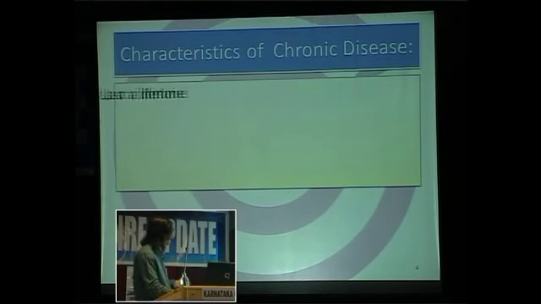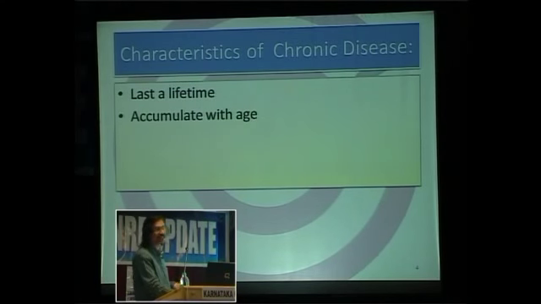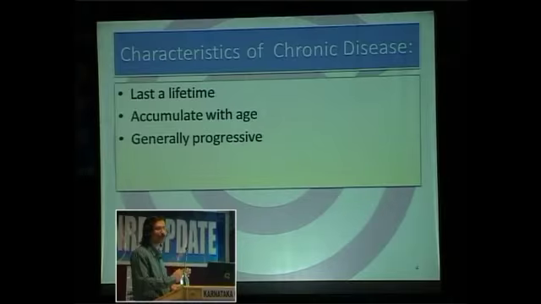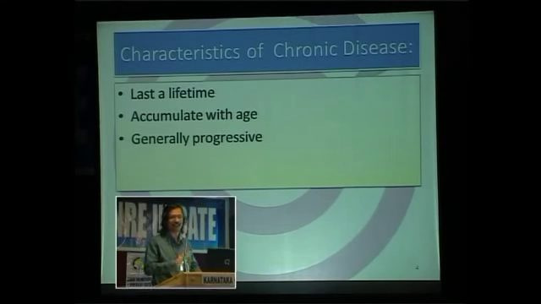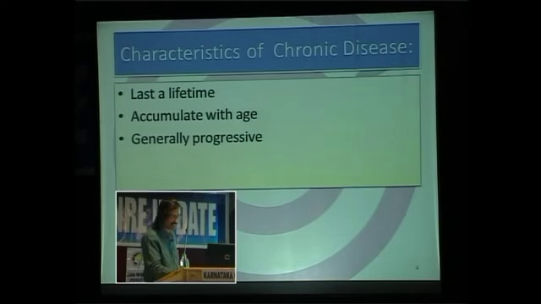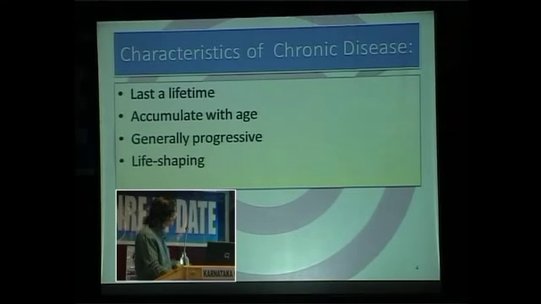So precisely any chronic disease, whether rheumatic or any other, lasts a lifetime, accumulates with age, the problems associated with the disease gather on with age, and it is usually progressive. It adds on to the trouble which has already set in at the very initial stage. And it may shape the life in a predictable manner.